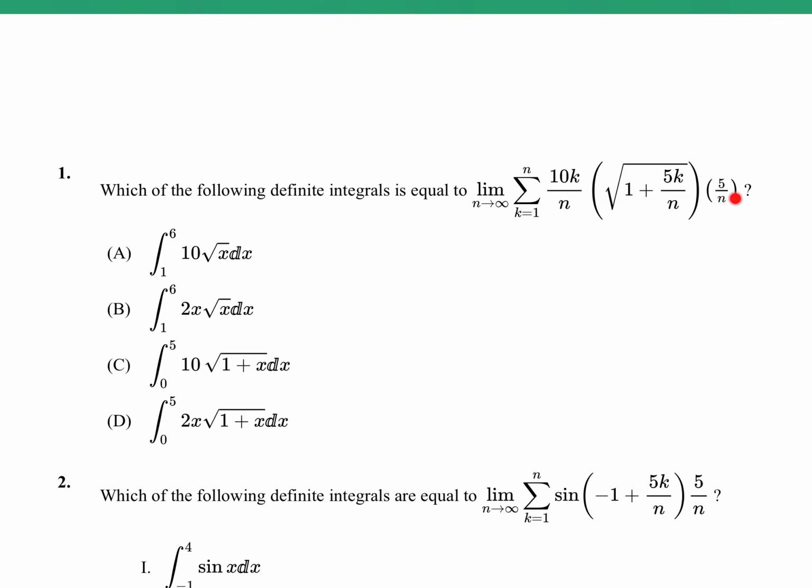Now this expression out here that doesn't have a k, that's something over n. This is the b minus a over n. So that means the first thing to see is that b minus a has to equal 5, because that's b minus a over n.